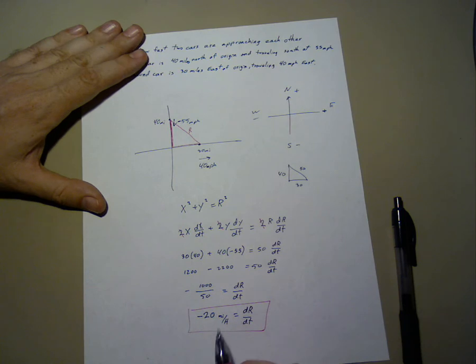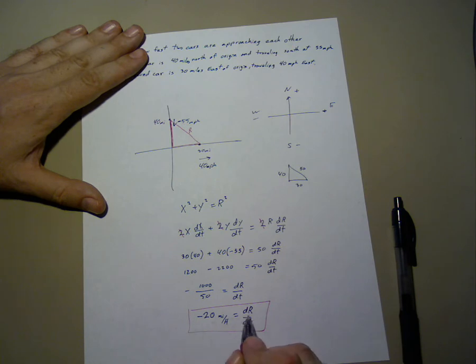So the cars are receding from each other at 20 miles per hour. Wait, no. The negative sign means it's decreasing. Negative signs always mean it's decreasing. That means the cars must be approaching each other. Bear in mind that a positive derivative means that the quantity is increasing.